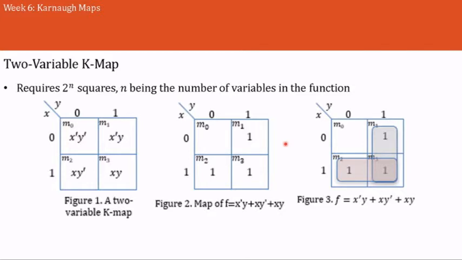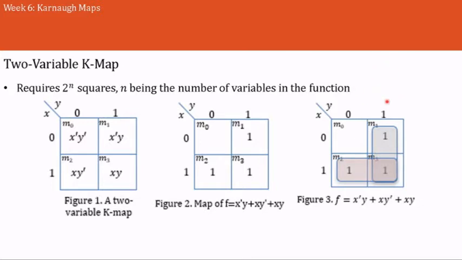And again, for our grouping of adjacent squares, we are allowed to group in the power of 2. So it could be 2 or 4, since we only have 4 squares.